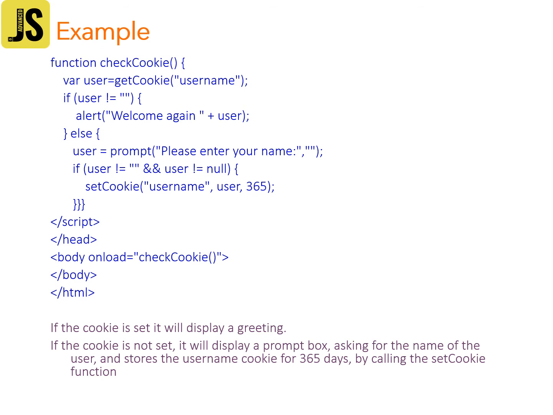Otherwise, a prompt will appear with the text please enter your name, and if the user inputs a name, that name will be set as the value for username, and that will be stored for 365 days. So likewise, we can check cookies in the corresponding cookie file.